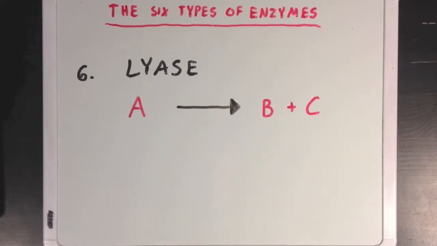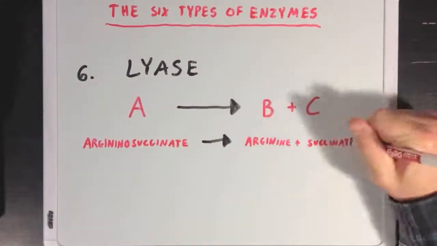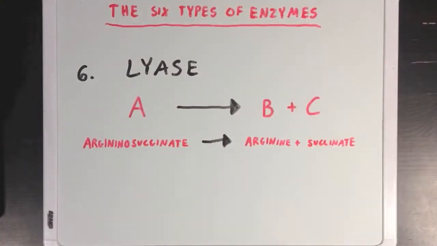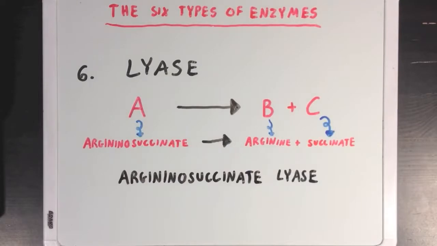One example of a reaction catalyzed by a lyase is the cleavage of argininosuccinate into arginine and succinate. This reaction takes place during the urea cycle, which you also might be familiar with. This specific reaction is catalyzed by an enzyme called argininosuccinate lyase, which is appropriately named because it is a lyase that catalyzes the breakdown of an argininosuccinate molecule.